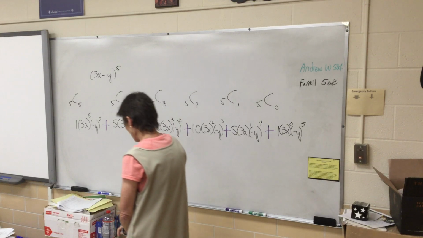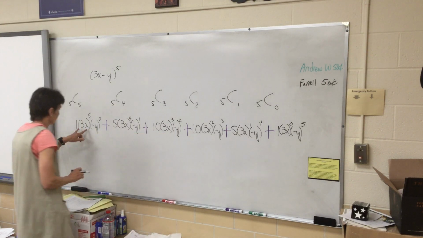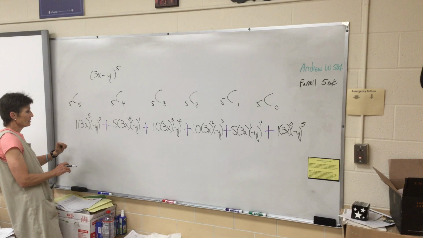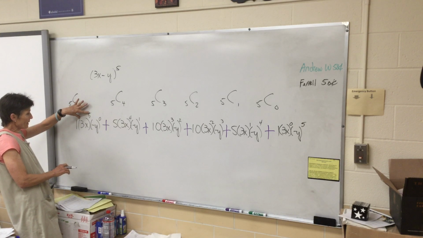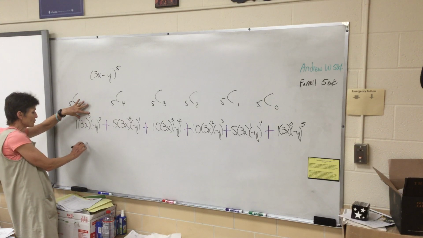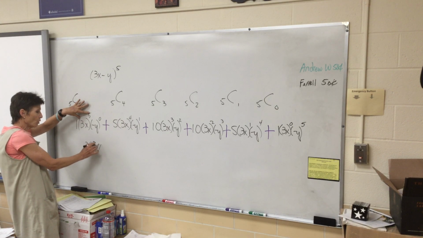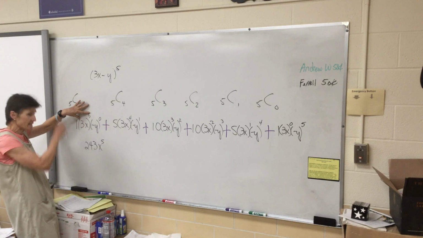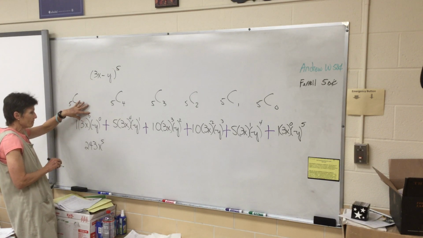Okay, now, anything to the 0 power is 1. So really, I just have to worry about this. So 3 to the 5th is 243. Nobody's expecting you to have that memorized. You have a calculator. 3 to the 5th, 243.